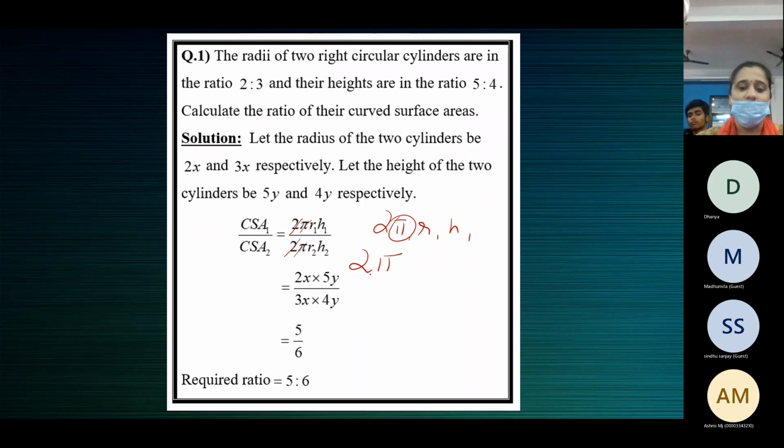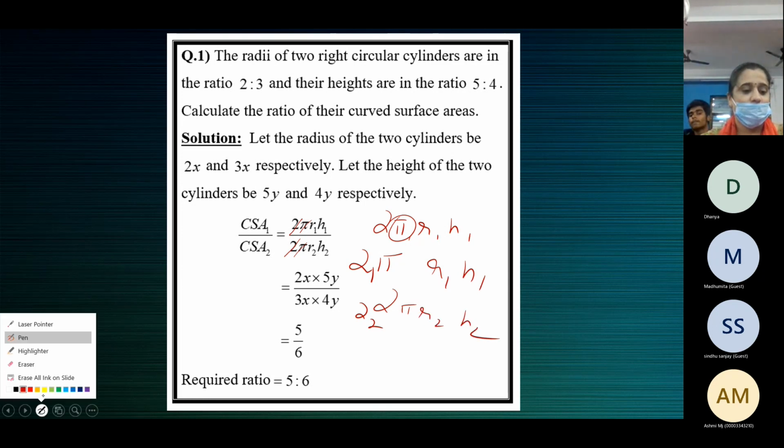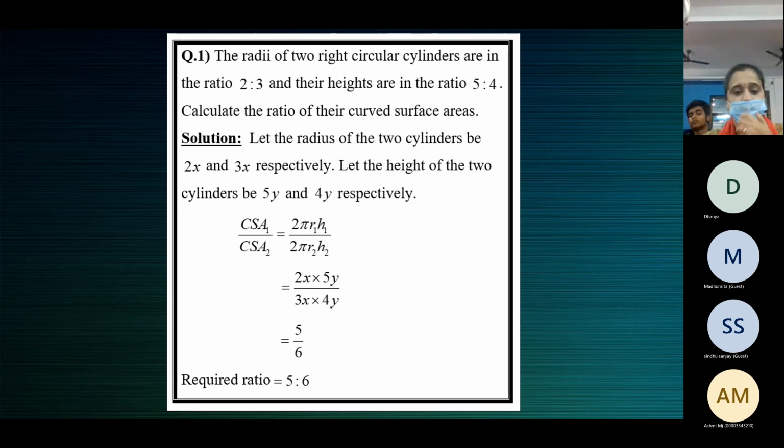So for constants, you don't have to say 2 1 and 2 2. Only for R and H, R1 H1, R2 H2. So the ratio of their curved surface areas is 5:6.